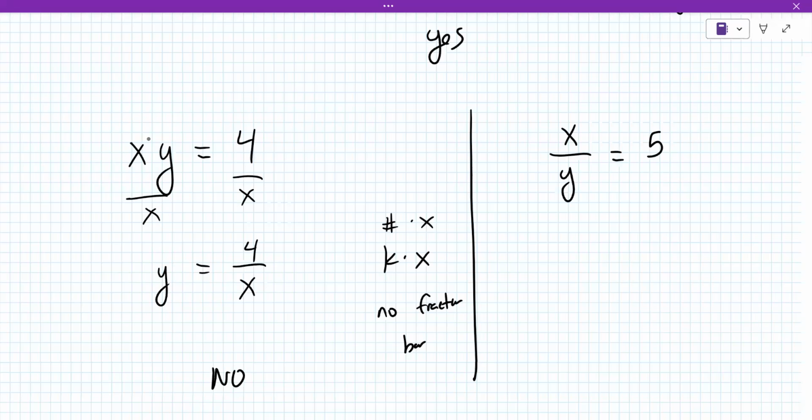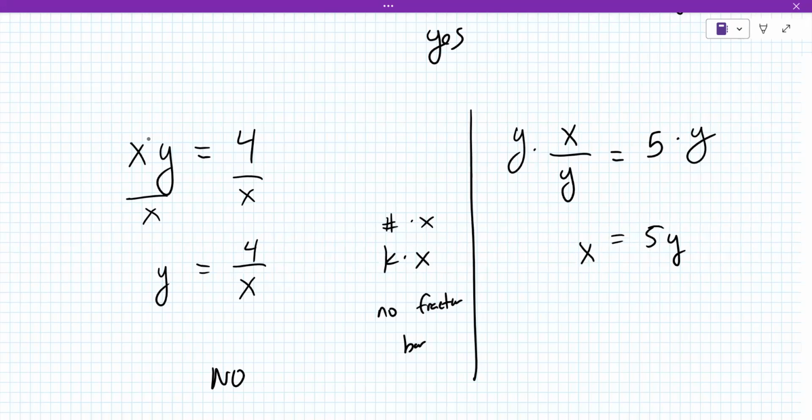Please. Here you multiply by y, because y is on the bottom. So x equals 5y.